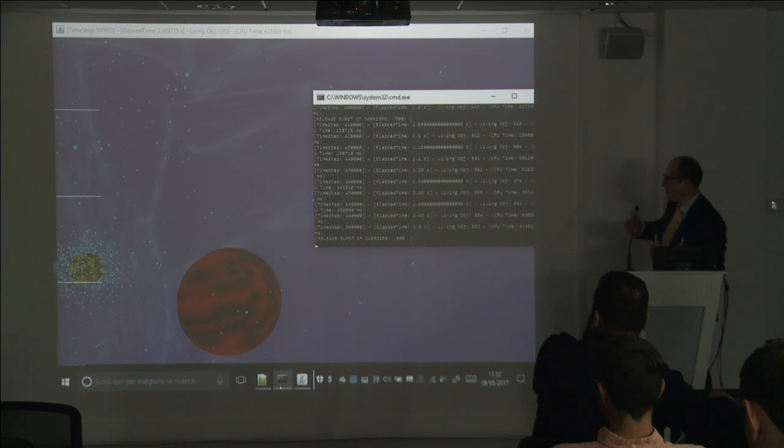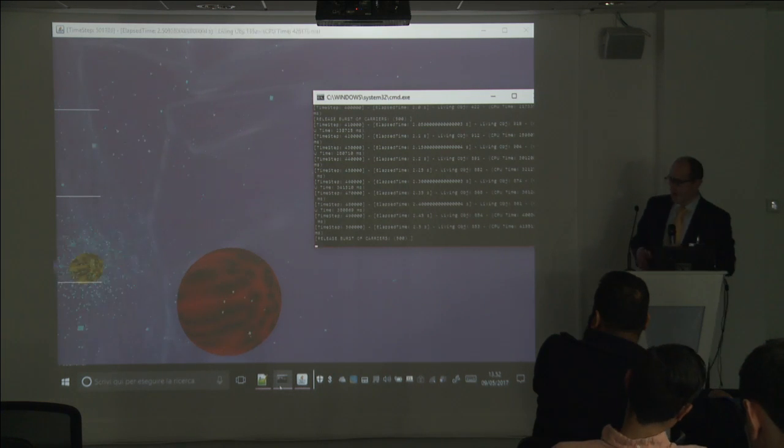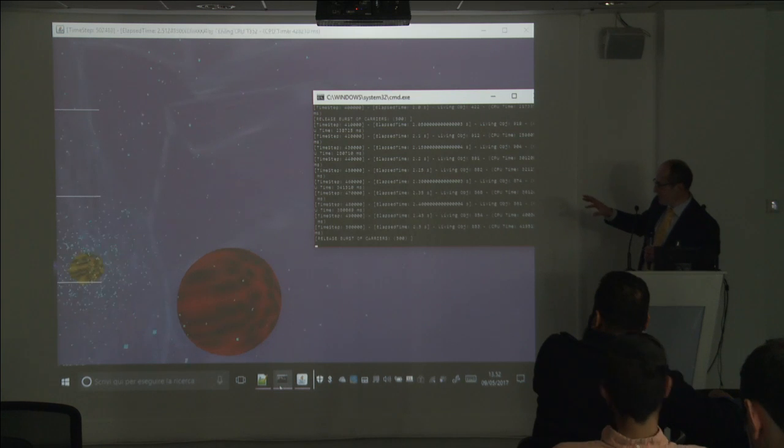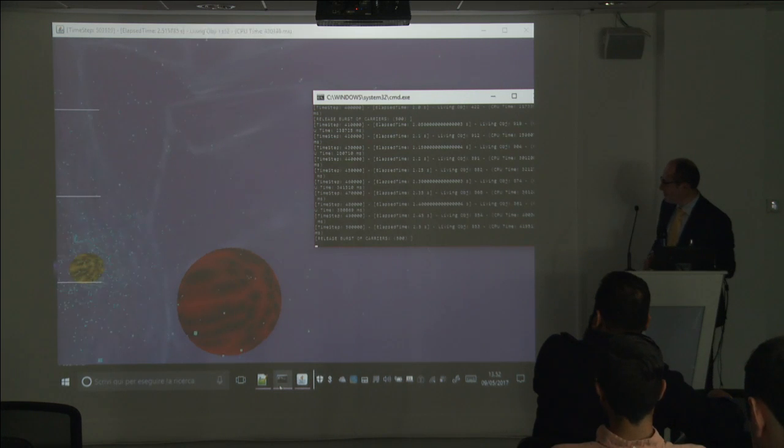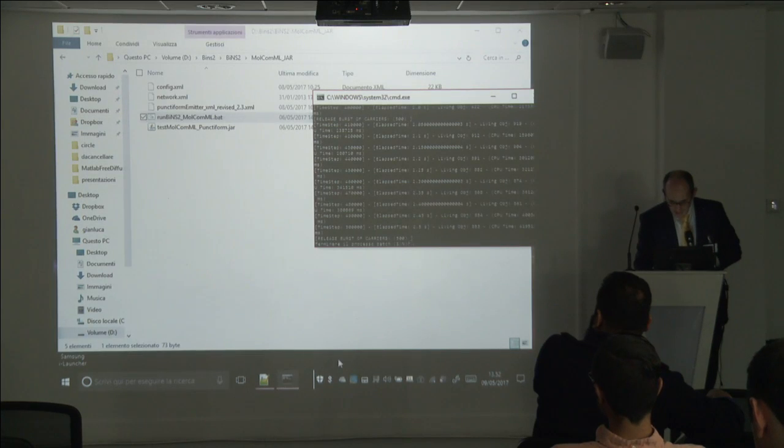Okay, another one, and it goes on. This is the performance. This is the operation of BEANS2 for this simple environment. We can stop the simulation here because it's quite boring at this stage.